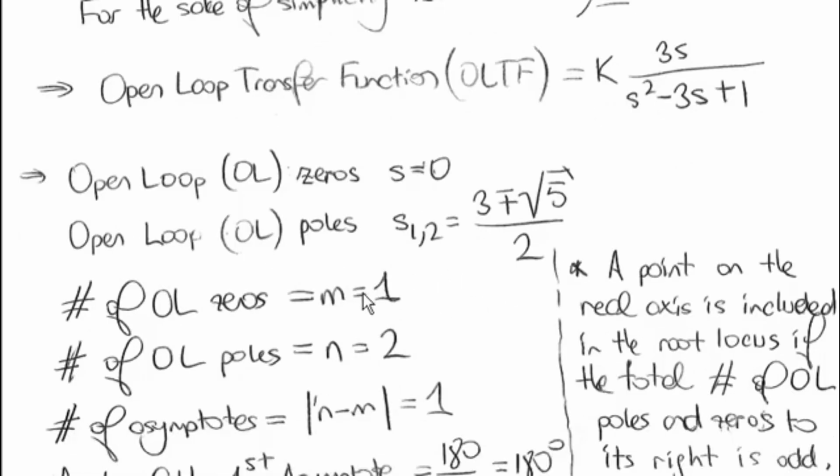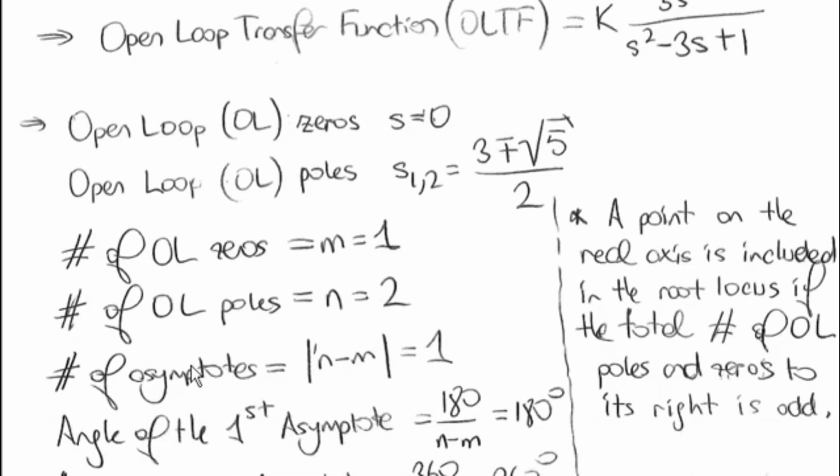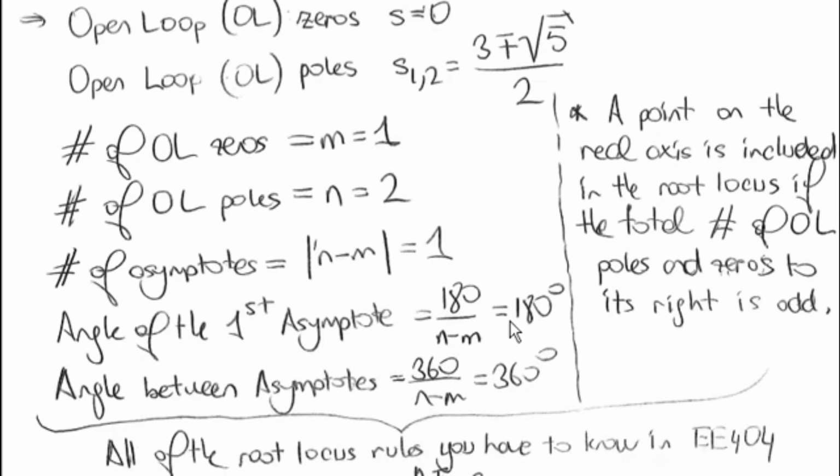The number of open loop zeros is 1, and the number of open loop poles is 2. So in the root locus, there will be a number of asymptotes, and the number will be equal to 1 here. And the angle of the first asymptote is given by this formula, and it's going to be 180 here. Here I don't really have to calculate the angle between the asymptotes, but the formula for that is given by this.